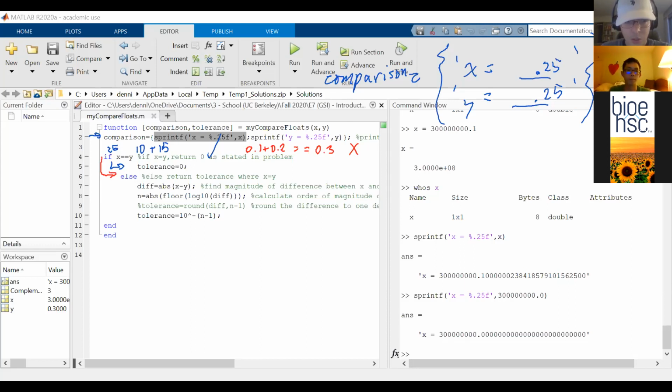In the else, we actually want to see the difference. That's what this line does. It takes it in absolute value because we don't care which one is bigger. And the next line calculates the order of magnitude.